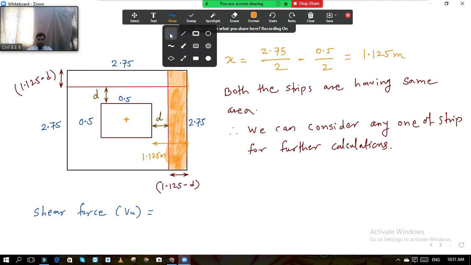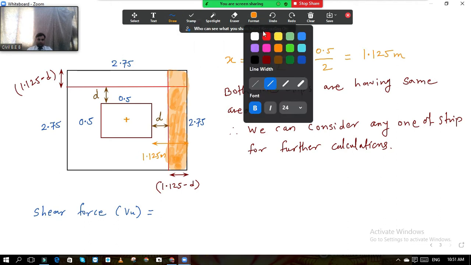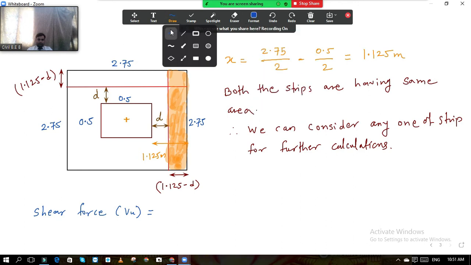So what is the shear force now? The shear force is nothing but stress into area. The stress is the soil pressure which is acting over here. What was the value of that? We calculated the soil pressure in the last lecture.